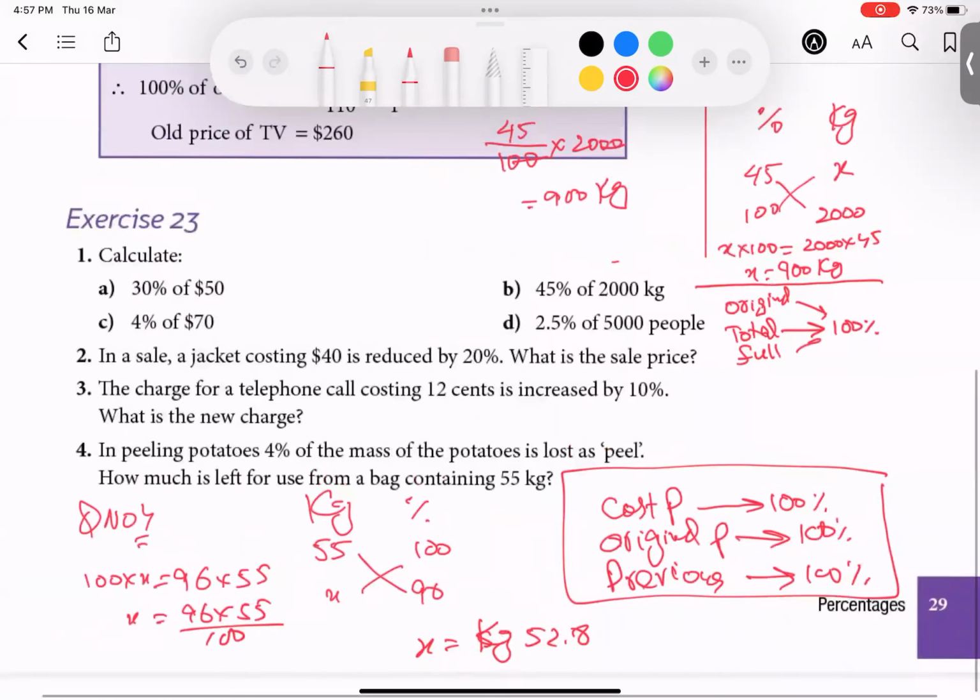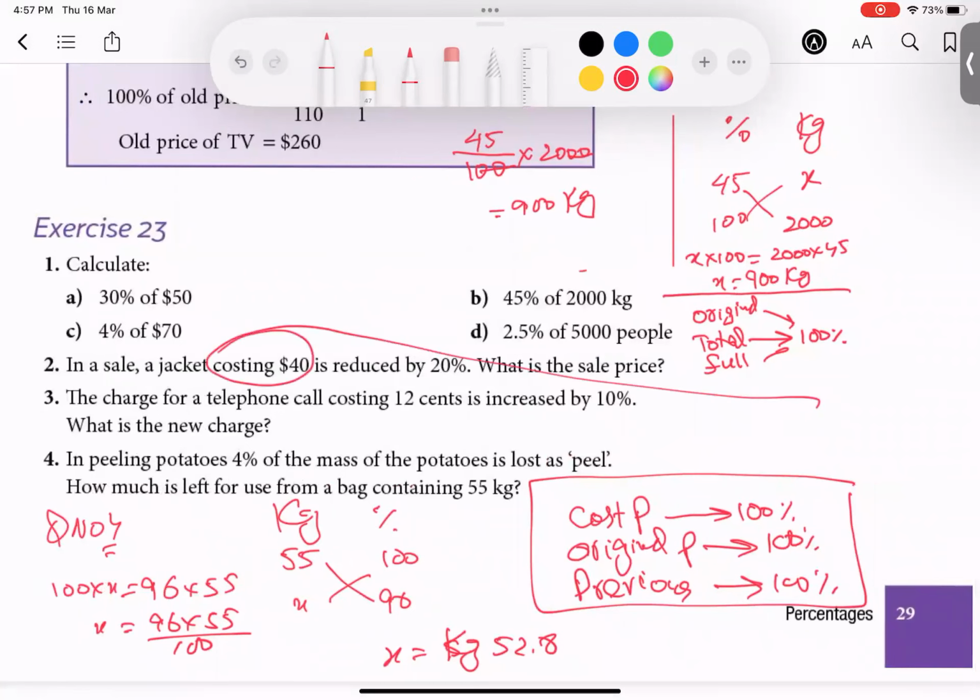For example, look here. The jacket costing $40, its actual price, is 100%. So $40 is equal to 100. Why, sir? What is the logic behind it? Because cost is 100%, reduced by 20%, and find the sale price. So what is the technique? Two rules.